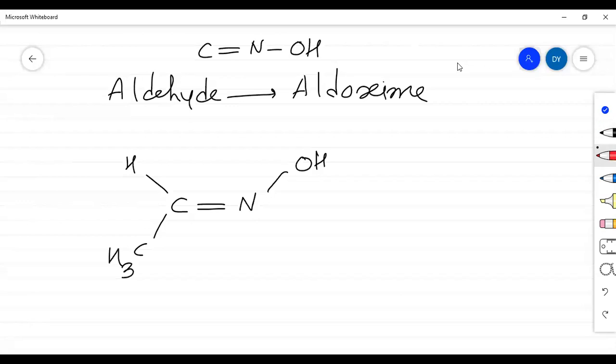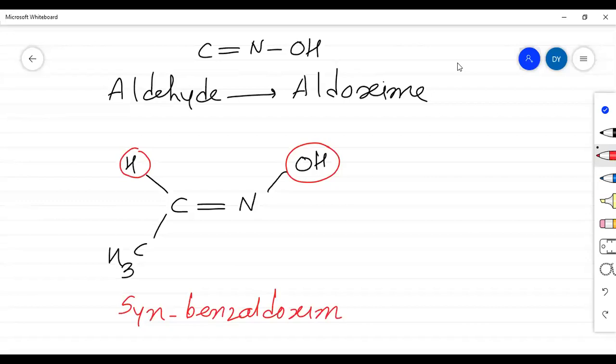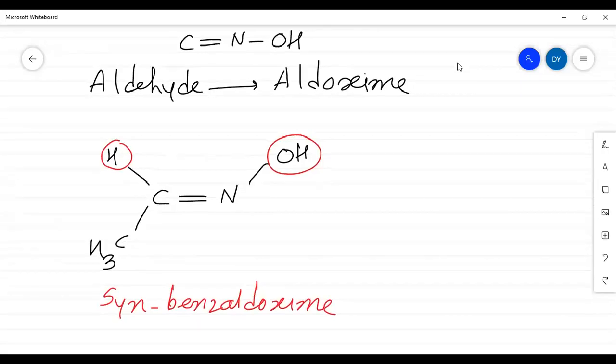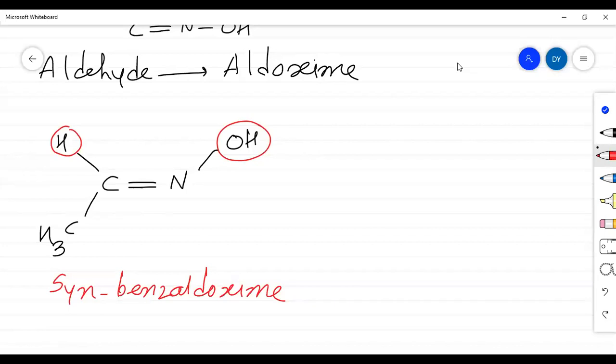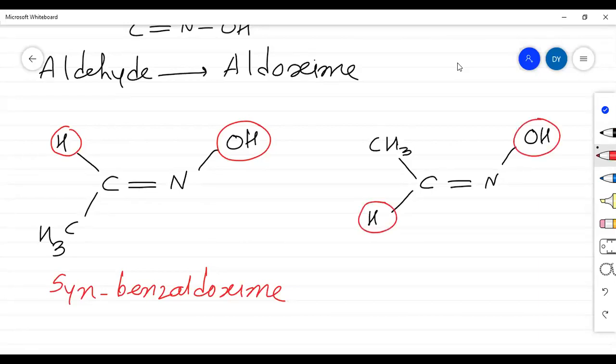Now students, in this case, OH group and hydrogen are on the same side. That's why this is called syn benzaldoxime. Now here OH and H are on the opposite side.